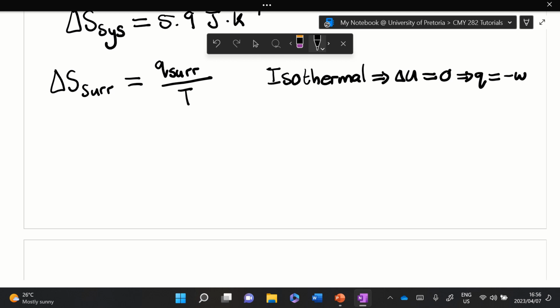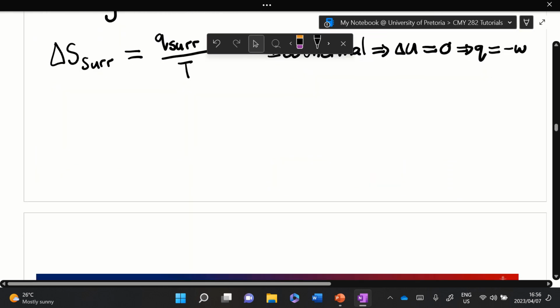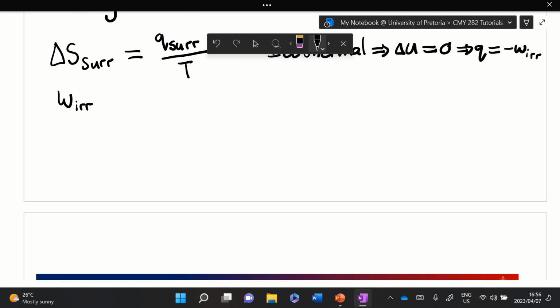But it's an irreversible process, and for irreversible processes, how is the work calculated? It's normally calculated as the external pressure times the volume change, right? But in this case, it will be 0 because our external pressure is 0.